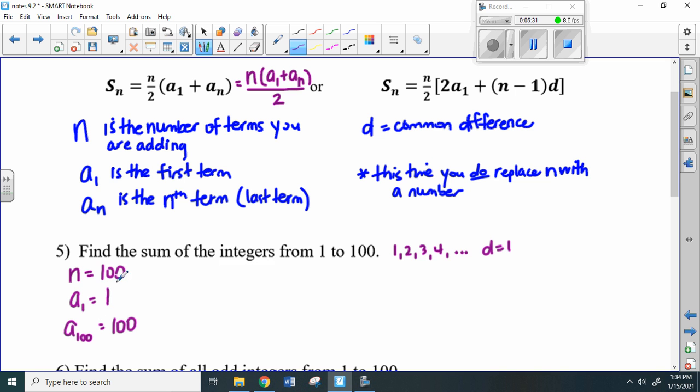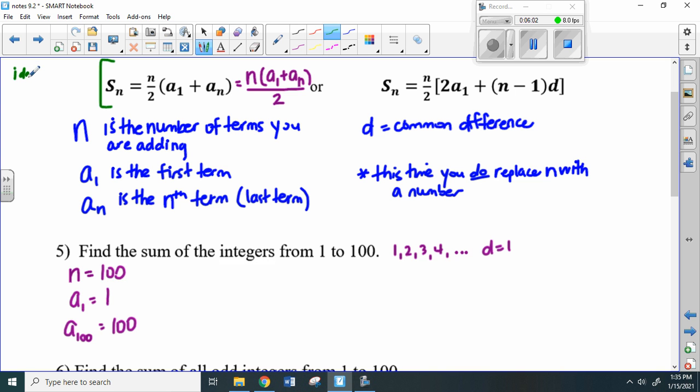But think about what I know. I know how many terms, which I need for either formula. I know A1, which I need for both formulas. But I also know the last term, the nth term. And because I know the nth term, this first formula is going to be ideal. Really, this is the only time you can use it.